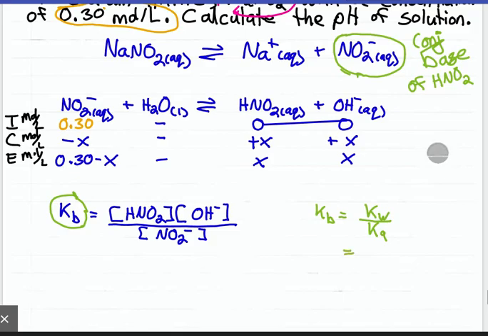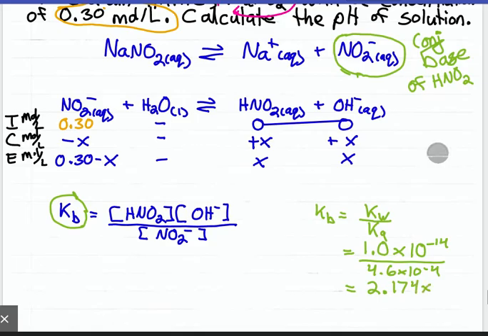You also should know that Kw is 1.0 times 10 to the negative 14. And I'm looking up Ka for HNO2, and it is 4.6 times 10 to the negative 4. So you quickly do the math, and you get a Kb of 2.174, and you notice I'm carrying an extra digit.